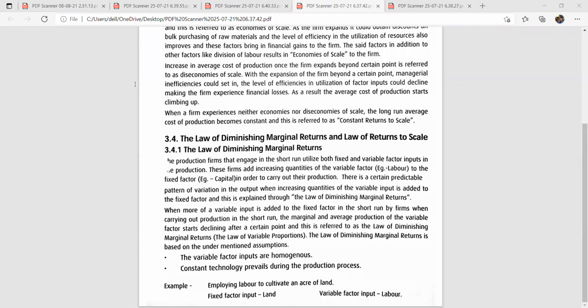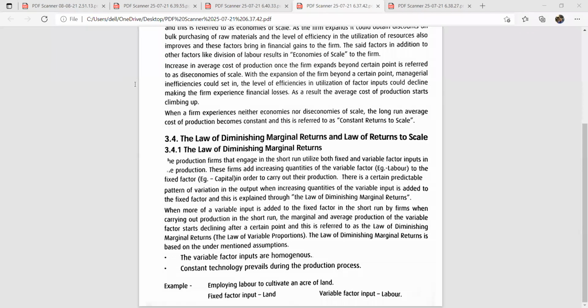The production firm that engages in the short run utilizes both fixed and variable factor inputs in the production. Actually, in the short run, the firm has two resources, fixed and variable factors. Variable factors like labor increase, while fixed factors like capital are held constant.